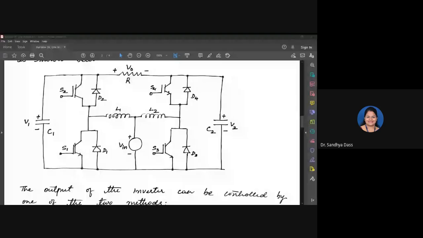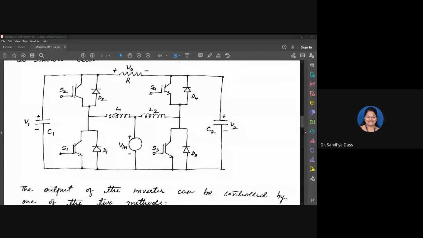Now you have to visualize things here. The waveform I have not shown here. In the voltage control method, we used to vary the width of the pulses to control the output voltage. In variable DC link inverter method, to control the output voltage, we are varying the level of the pulses, varying the amplitude of the pulses, keeping the width of the pulse constant.